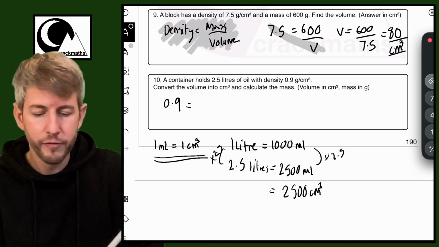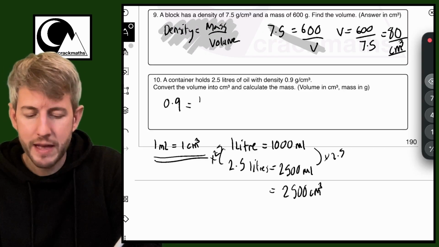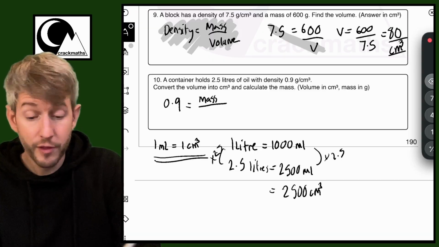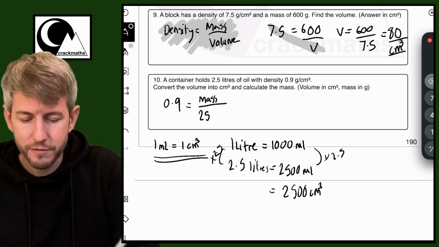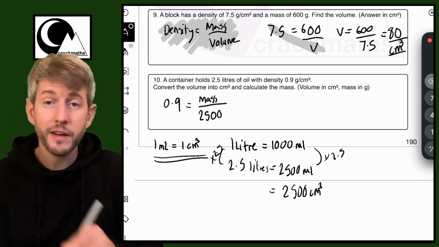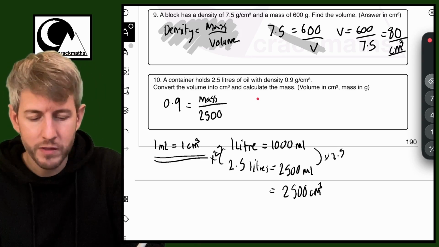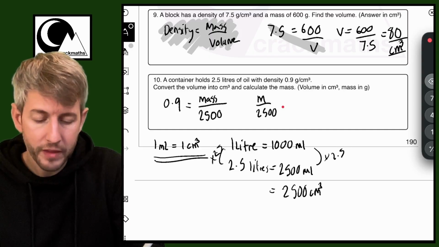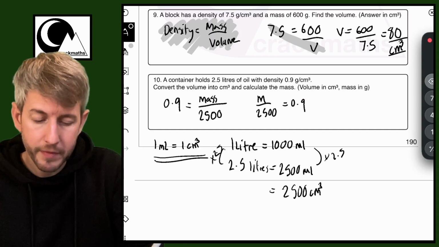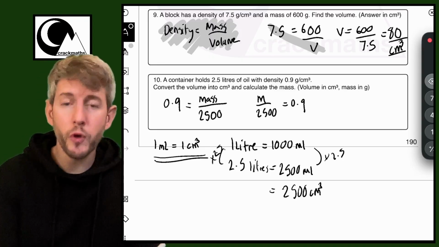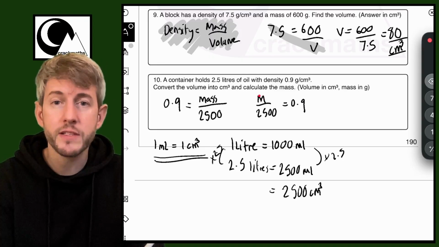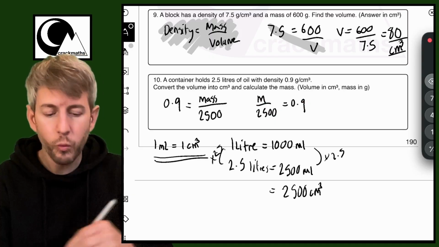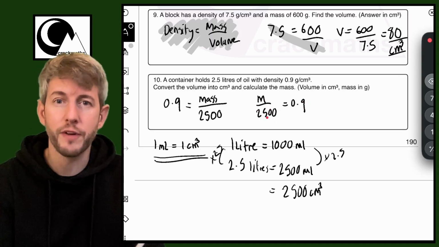It's mass over volume. So it's the mass divided by the volume, which is 2,500. Okay, now I'm going to rewrite this way round. So we've got mass over 2,500 equals 0.9. Now remember, what we've got here is something divided by 2,500 equals 0.9. So we don't want this to be divided by 2,500 anymore.